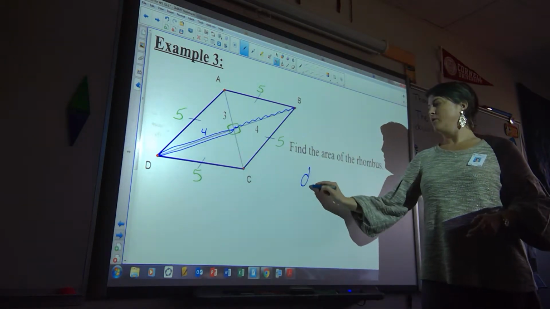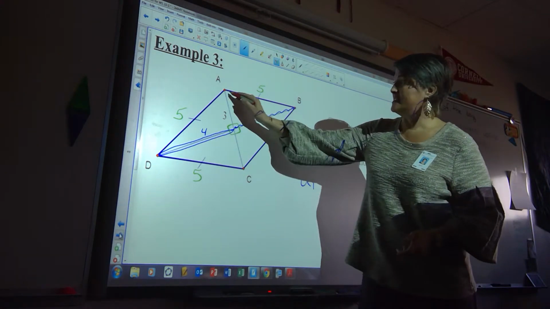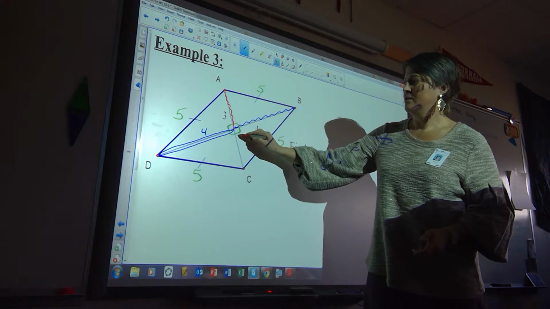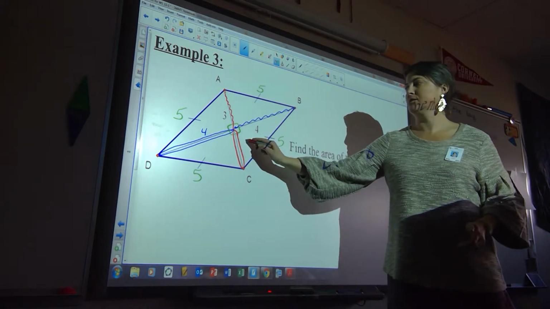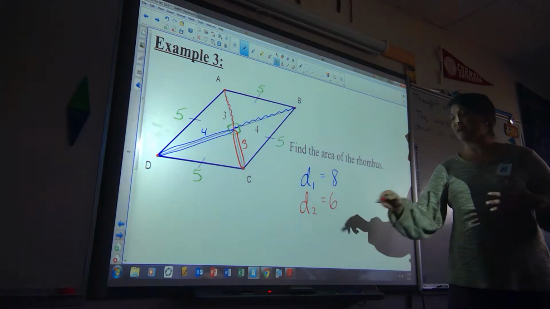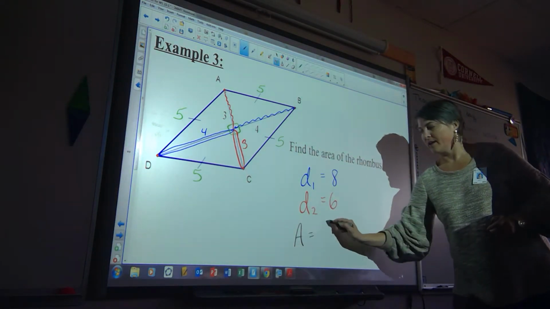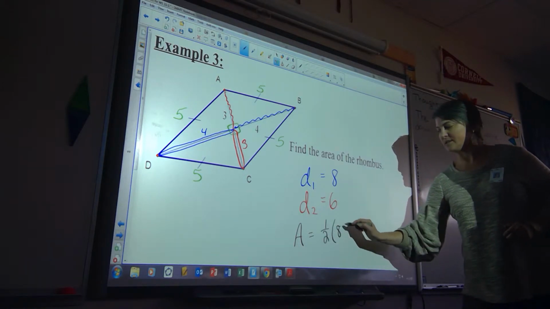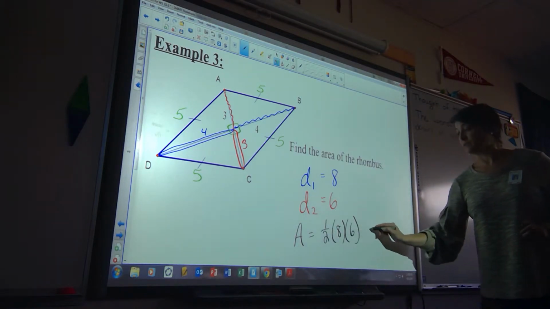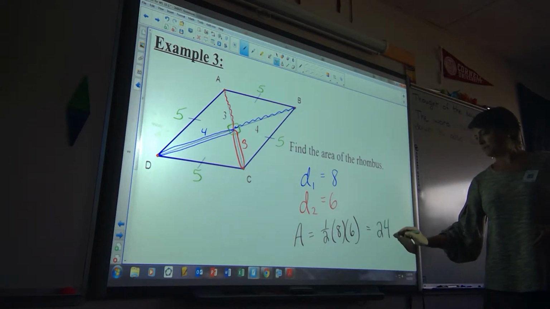Great, one of my diagonals is 8. If this is 3, this is also 3. So my other diagonal is 6, and that's what I need in this case. So area is half of 8 times 6, so 24 units squared.